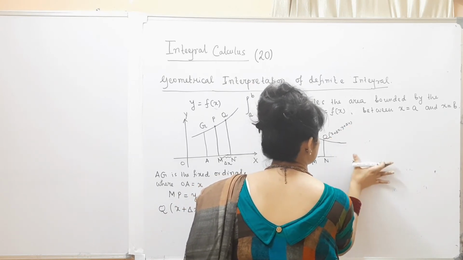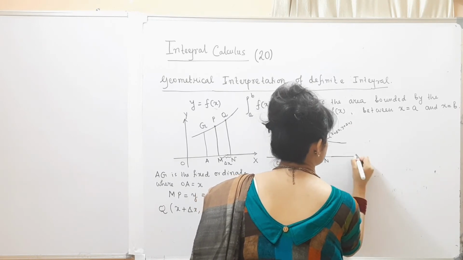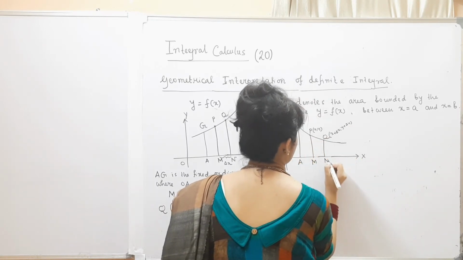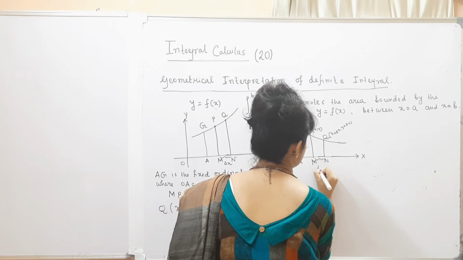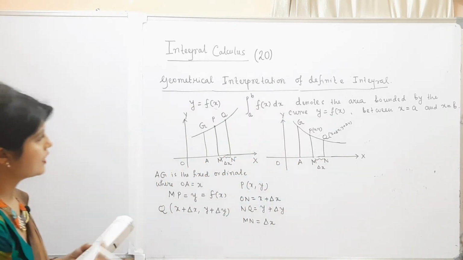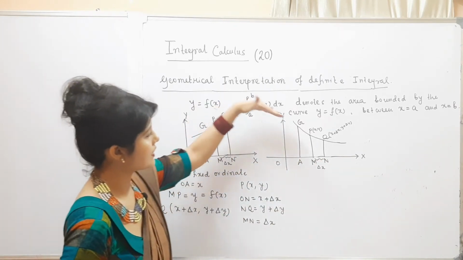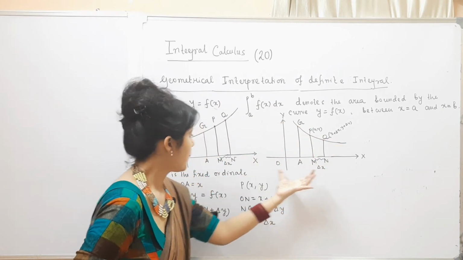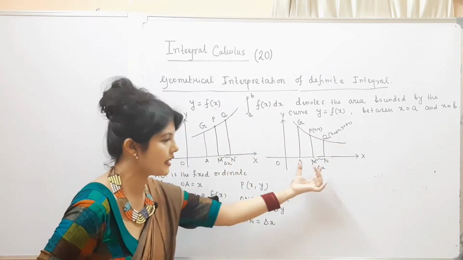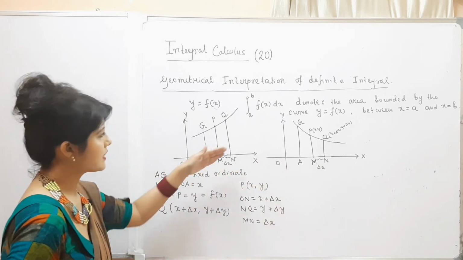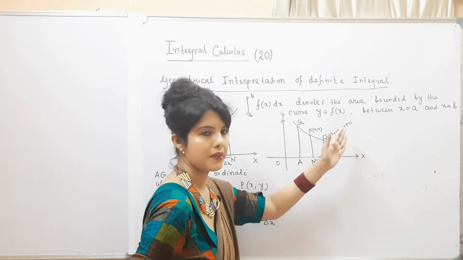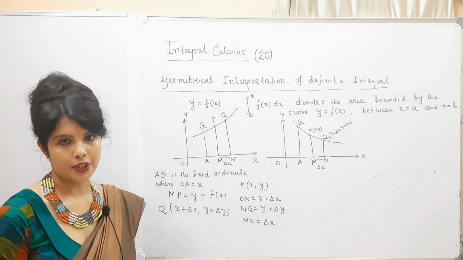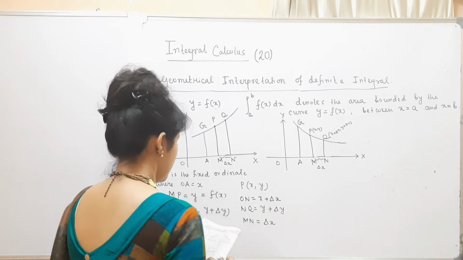So this portion is delta x. This is the increasing curve and this is the decreasing curve, and for both cases MN is delta x, and Q is x plus delta x, y plus delta y, and the ordinate of P is x y.